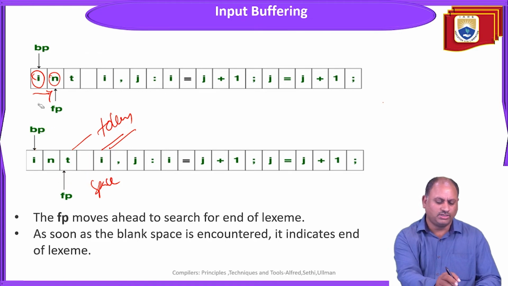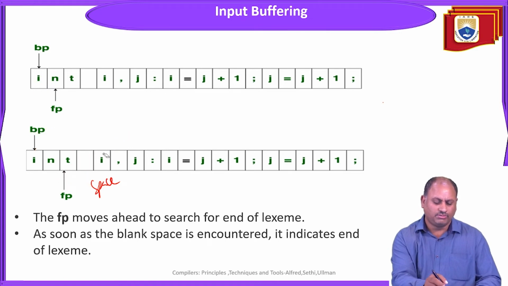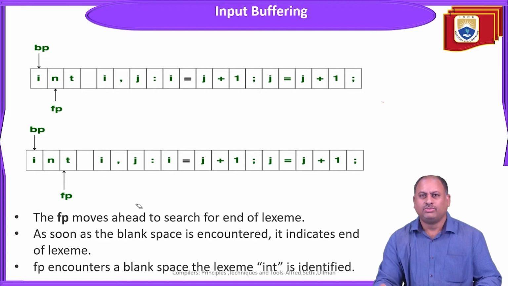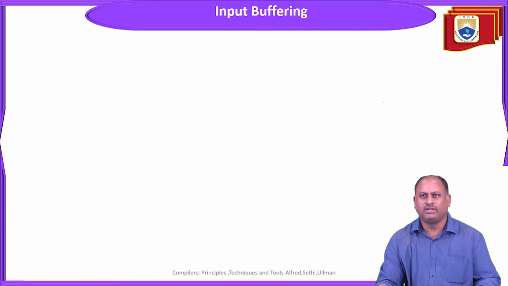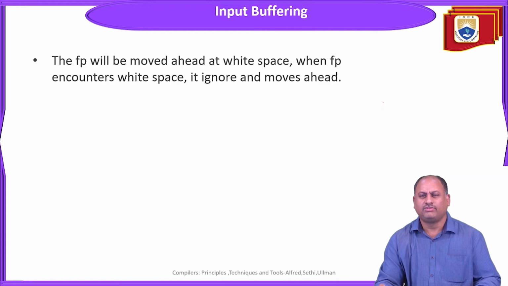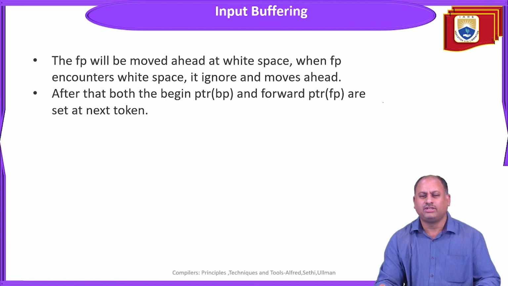This is the mechanism used in buffering to read each and every character, recognize that it is a token and then release the token. Here one pointer is moved ahead, which is called the forward pointer, and it ignores any white spaces.